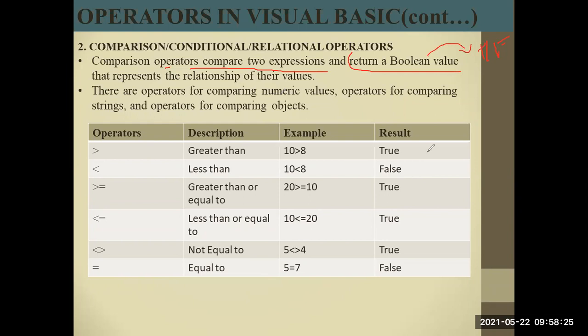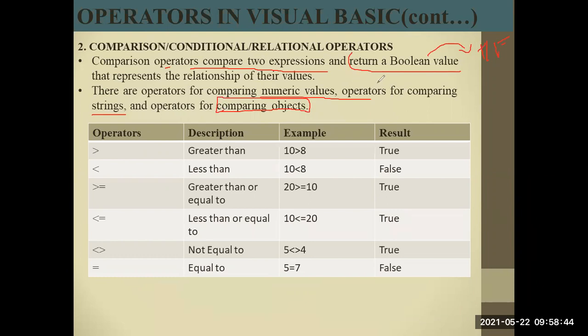So the second point, there are operators for comparing. These operators can be used for comparing numerical values, for strings, and for comparing objects also. Visual programming can extend these operators.